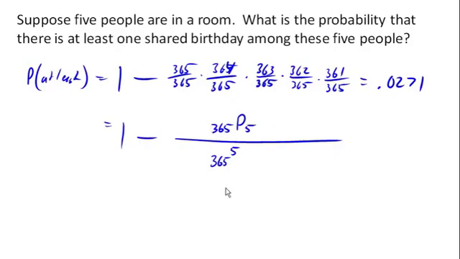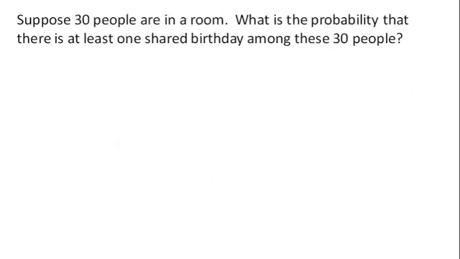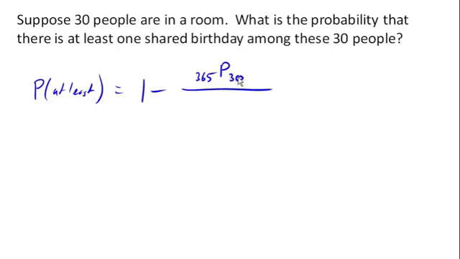Now, this is really cool, because now if we ask the question, what happens if we put 30 people in the room? What's the probability of at least one shared birthday? We can answer this pretty easily, because it's 1 minus the probability of no shared birthdays. No shared birthdays means from 365 possible birthdays, how many ways could we pick 30 different birthdays, out of how many different ways there could be 30 birthdays, including repeats?